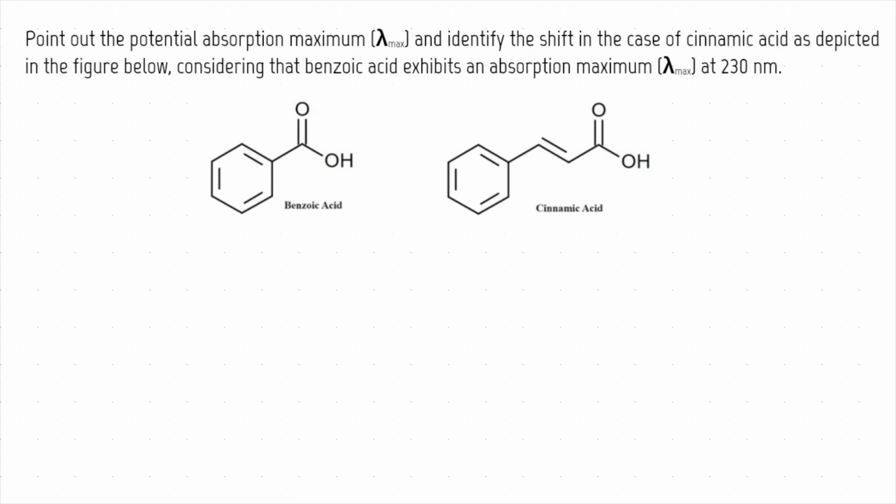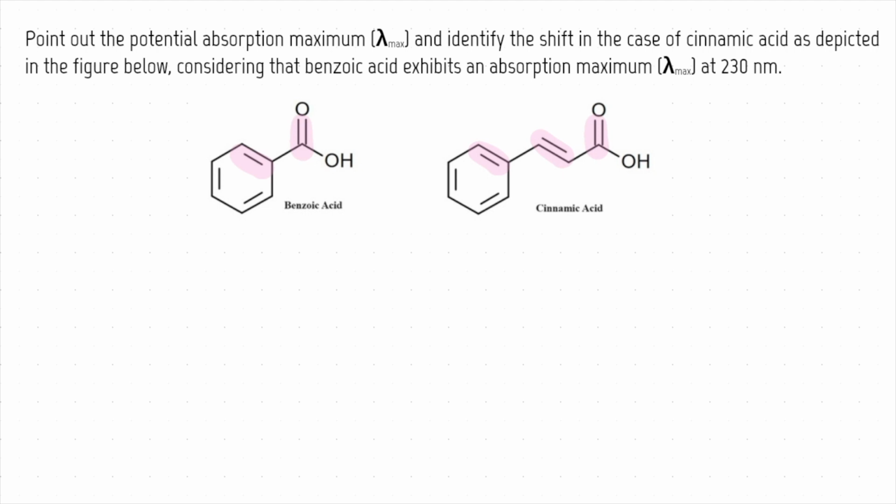So we are going to evaluate the structure of benzoic acid. In benzoic acid, you can see here you have a double bond and then another double bond. If you compare with the cinnamonic acid, we have here a double bond, conjugated, and then we have another conjugated. This is longer conjugation as compared to benzoic acid.